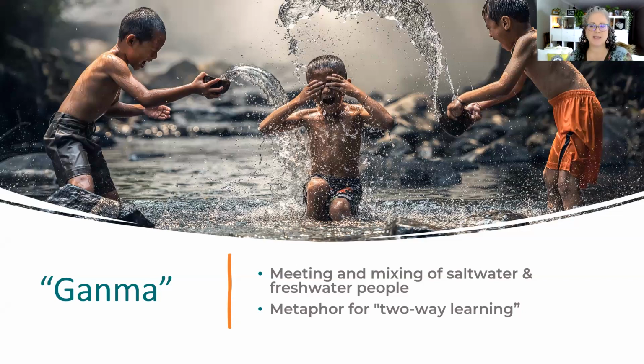Yolngu express complex ideas and philosophies through metaphors that draw analogies between the flow and character of water, Yolngu kinship relationships, and the human body. Ganma is sometimes used as a metaphor for two-way learning. So not just the meeting and mixing of salt and fresh water, they've taken that to a more philosophical position and said it means two-way learning.